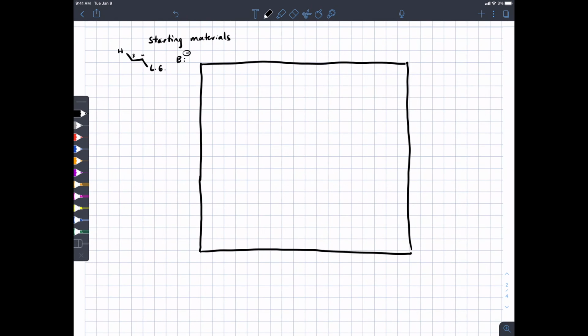Now, let's let the y-axis be extent of leaving group departure, and then the x-axis can be extent of deprotonation.